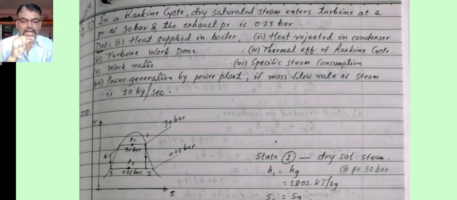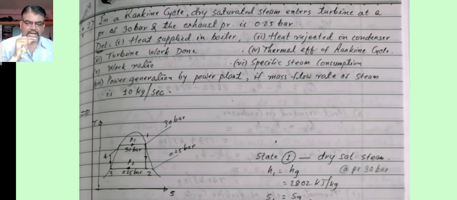We have to determine the heat supplied in the boiler, heat rejected in the condenser, turbine work done, thermal efficiency of the Rankine cycle, work ratio, the specific steam consumption, and power generation by the power plant, if the mass flow rate of the steam is 10 kg per second.